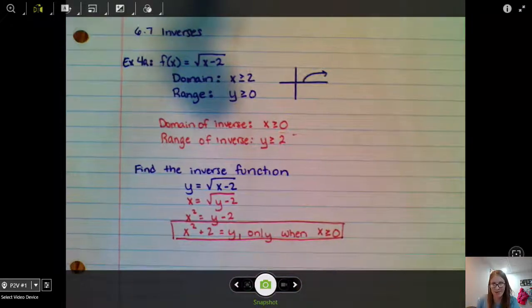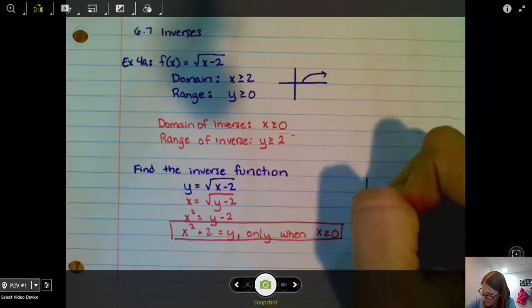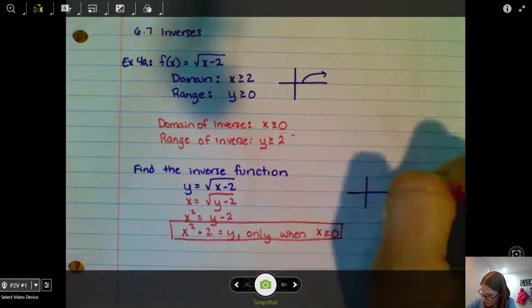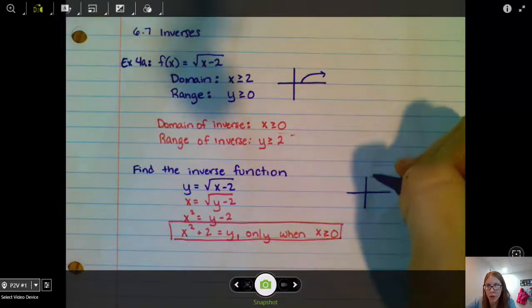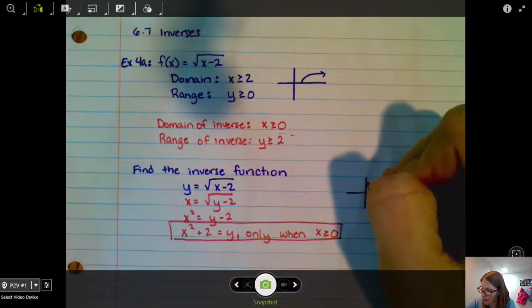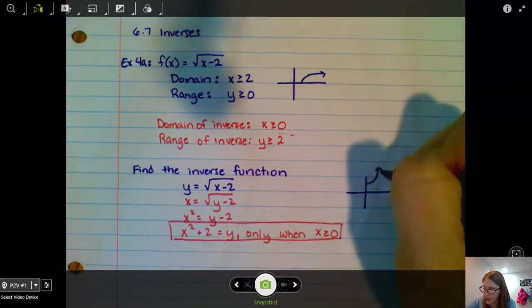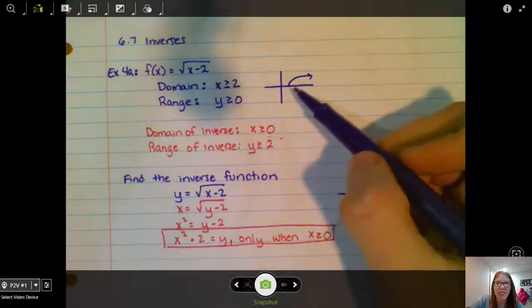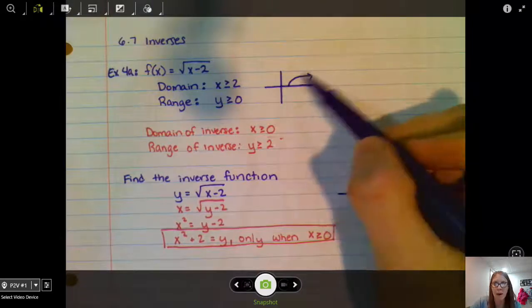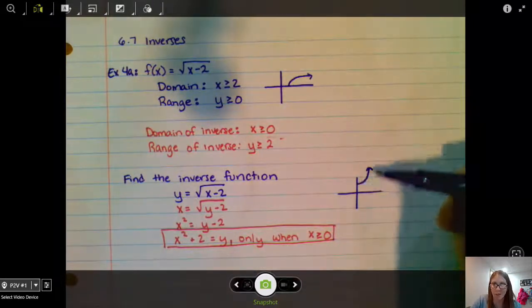Now to kind of put that visual here, y equals x squared plus 2 would look like a full parabola. Okay. But I really only want to look at this right side here. Okay. And if you look at the original again, we said that this kind of looks like half of a parabola. The inverse is going to look like half of a parabola.